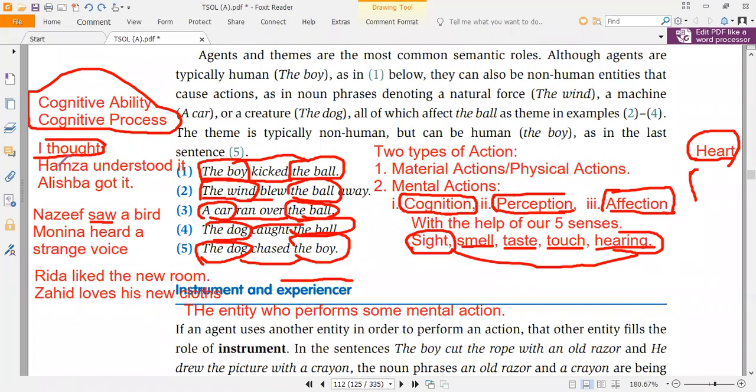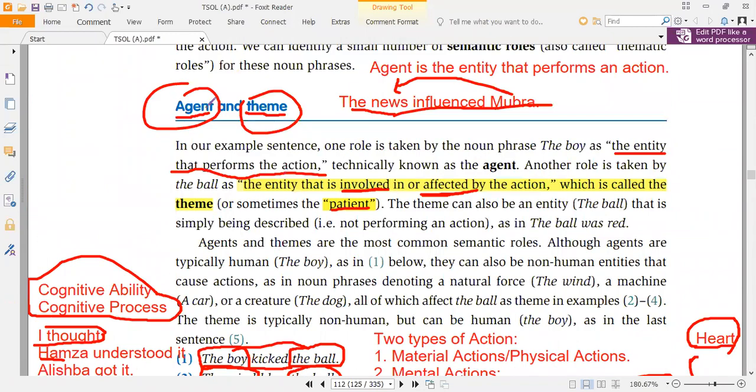But if we look at these examples, Hamza understood it, Alishba got it, Nafis saw a bird, Momina heard a strange voice, Rida liked the new room, Zahid loves his new clothes. The doers of all these sentences, or the doers of all these actions, are not agents.